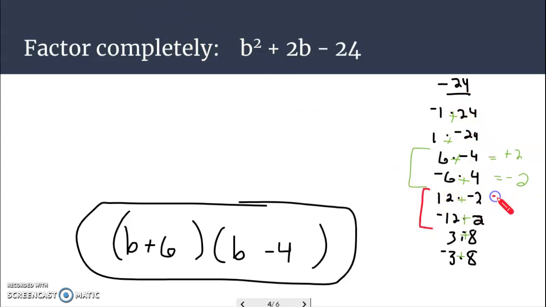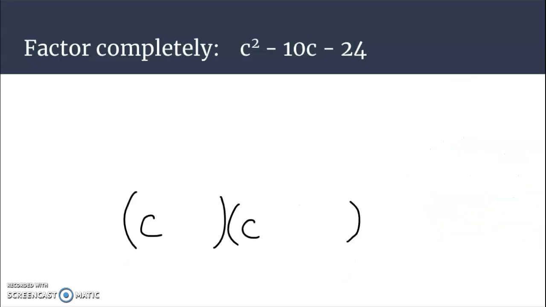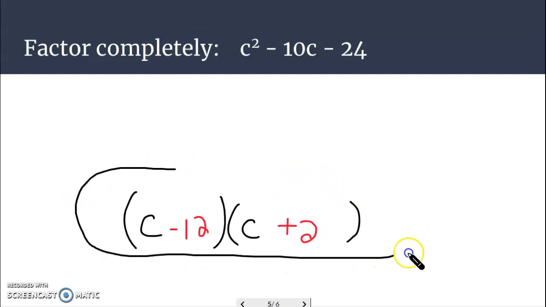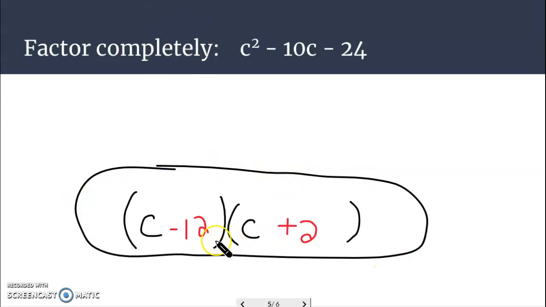Down here, the 12 and the negative 2 equals positive 10 if I add them together. This equals negative 10. See that combo of negative 12 and positive 2? That's the one we want. Negative 12, positive 2. That is the factored form of c squared minus 10c minus 24. Notice negative 12 times positive 2 is negative 24. Negative 12 plus 2 is negative 10.